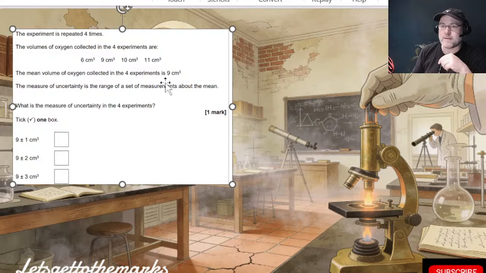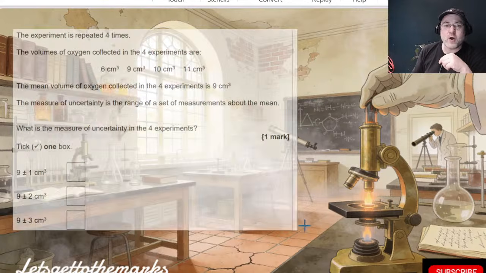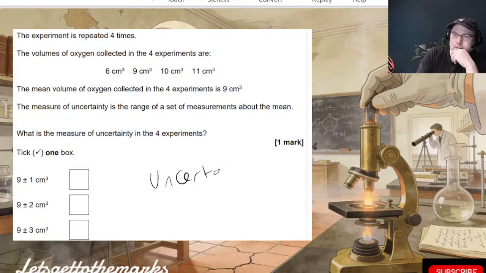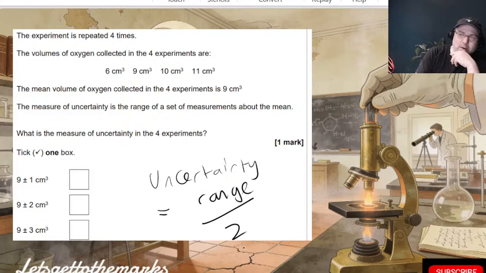Just a quick reminder for you peeps. If you're asked to measure the uncertainty, and this can be in combined and triple, you have something called uncertainty. What is it equal to? It's equal to the range divided by 2. So we take the range: the lowest, which is 6, and the highest, which is 11.